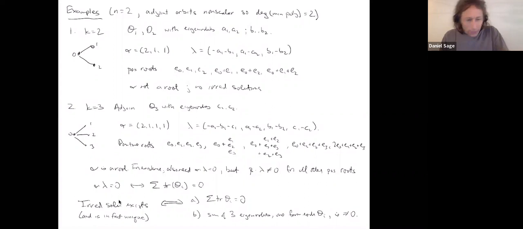I know you can't see it, I was pointing, but maybe I'll use the cursor. The fact that this solution is unique comes from the fact that alpha is a real positive root. If alpha was an imaginary root, you would not have uniqueness. So yes, absolutely, this matters.